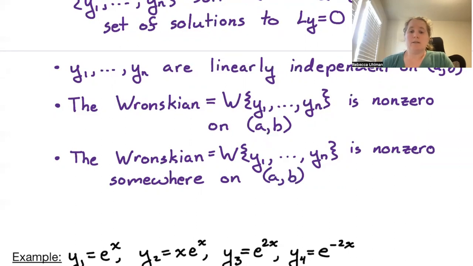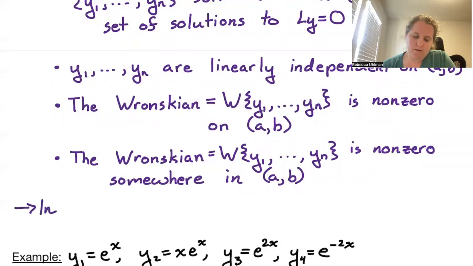So this is very, very useful to us. I'm going to actually change that to somewhere in AB. Again, this fact is very useful. This means that in order to check for a fundamental set of solutions, we just need to check the Wronskian as non-zero somewhere.